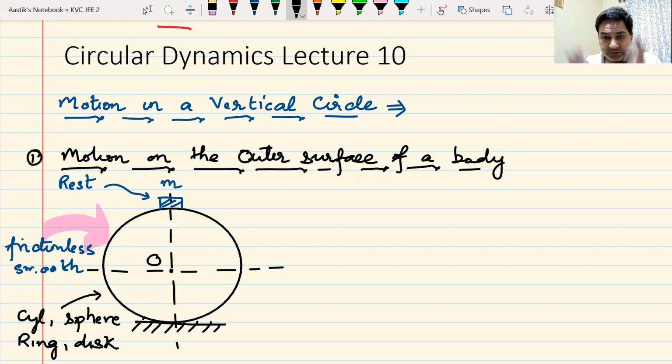A round body, round surface. A body is kept on the top. I give it a gentle push. What happens, beta? Bolo. Can you be a bit louder? I can't hear you. Body will move, sir. How will the body move? Does the body move on a circular path or not?